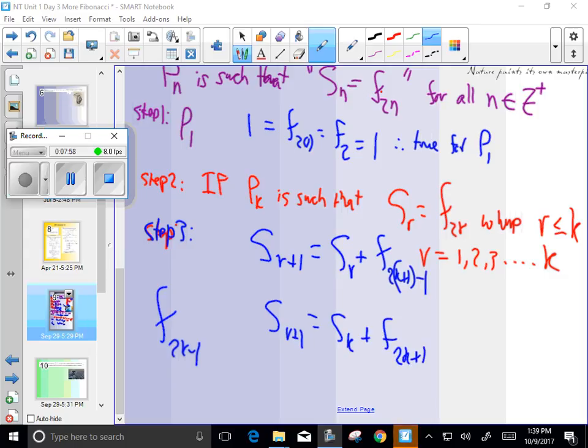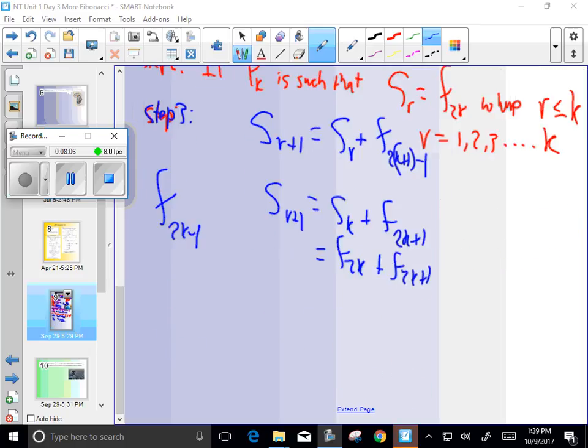And so what's this S of k replaced with? F of 2k plus f of 2k plus 1. And this will be f of 2k plus 2, which is f of 2 times k plus 1, which is proven.